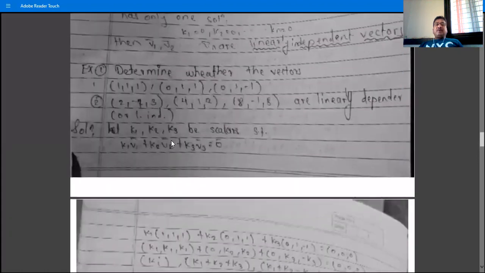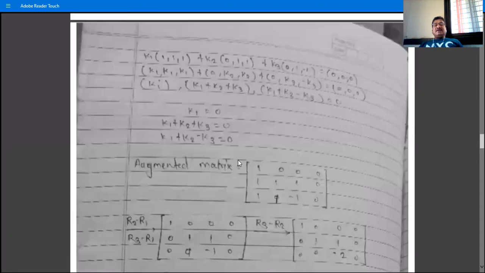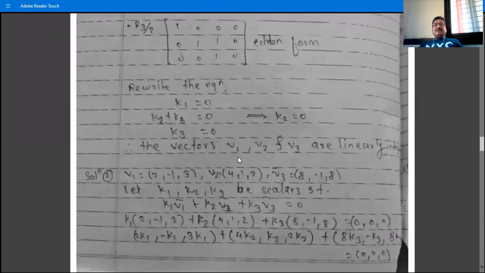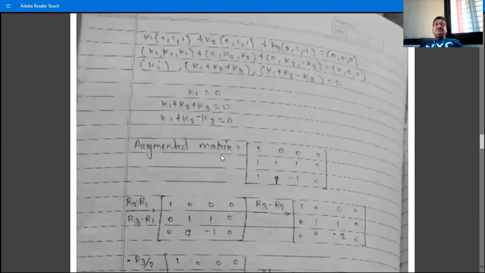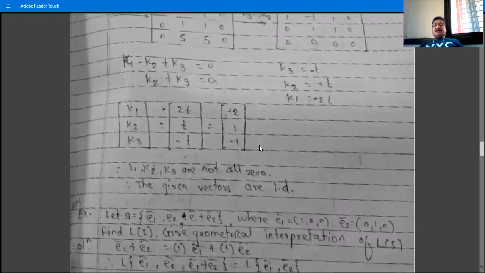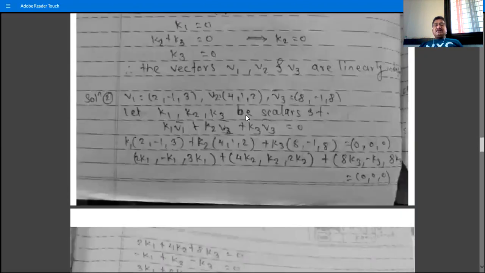So these two problems indicate the procedure to show a set is linearly dependent or linearly independent. In the first example, the set is linearly independent, and in the second example, the set is linearly dependent, but the procedure is the same. Take three scalars K1, K2, K3 such that K1 V1 plus K2 V2 plus K3 V3 is equal to 0.